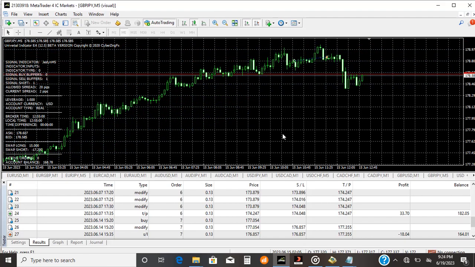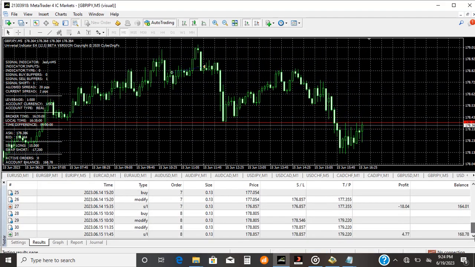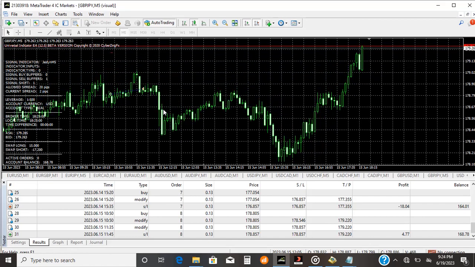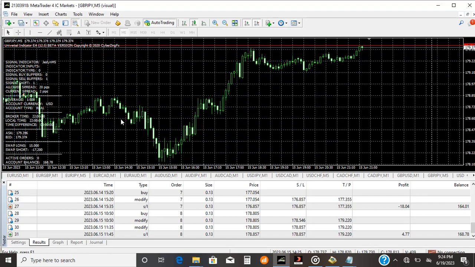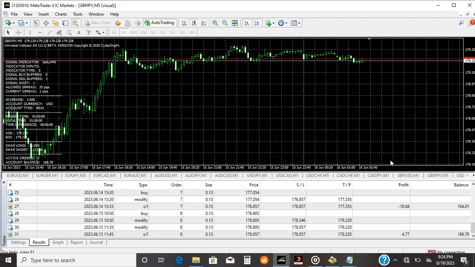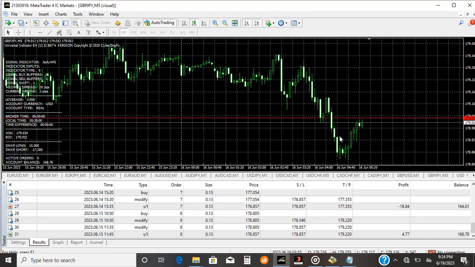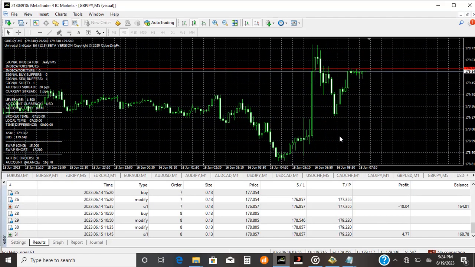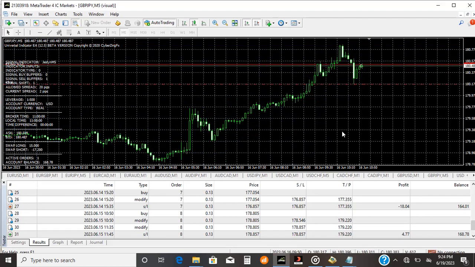Okay, that's the importance of a trailing stop. If this was binary options, you would have already taken the profit. So that's the importance of a trailing stop, so you don't turn a winning trade into a loss.